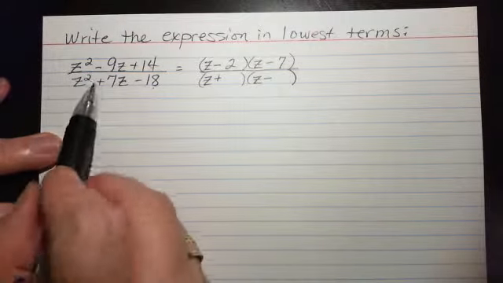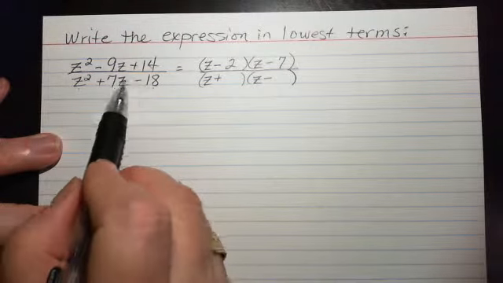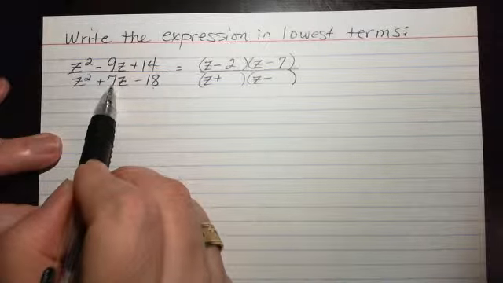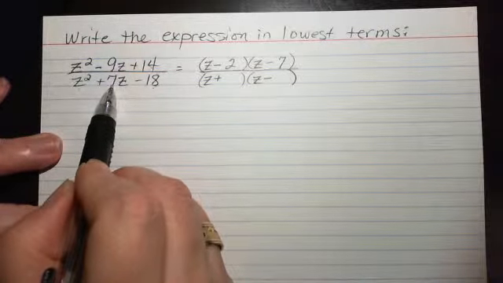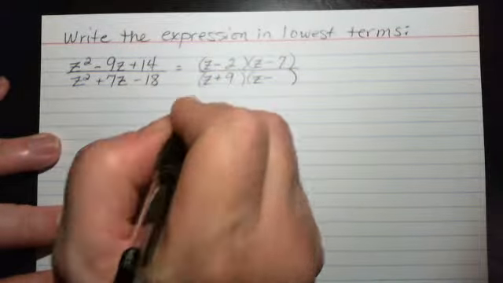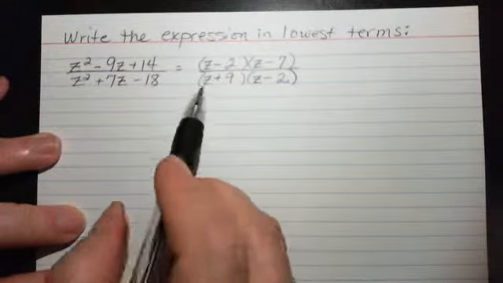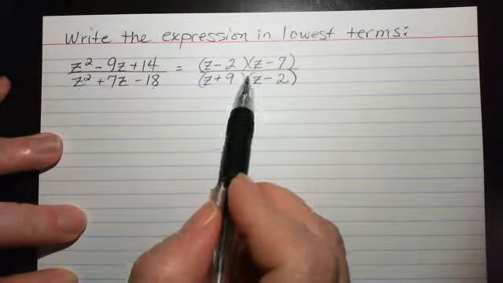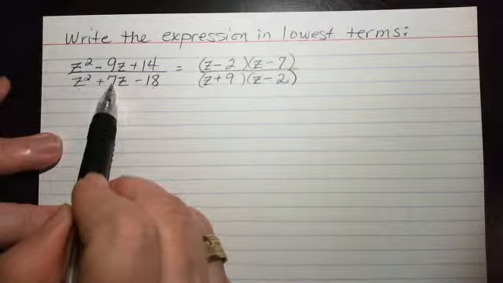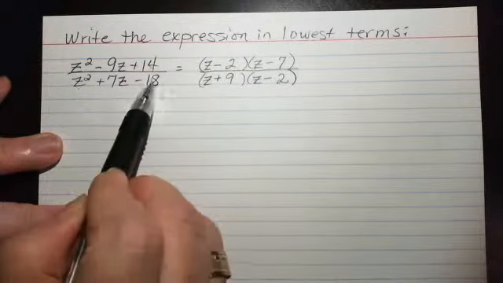And let's see, multiplying for negative 18, add for positive 7. I believe 9 and 2 will work, and we want a positive in the middle, so let's make the positive the larger 9 and the negative the smaller 2. And now let's check that. z squared minus 2z plus 9z gives us the correct term in the middle and multiplies for negative 18 on the end.